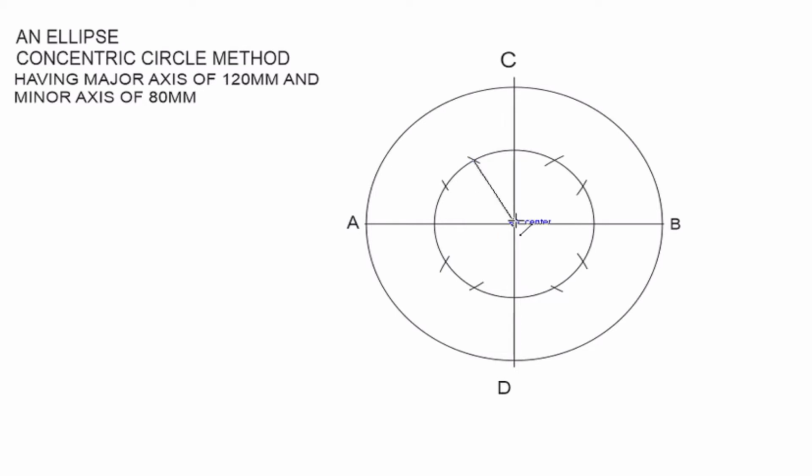Having done that, you have to extend them onto the outer circumference of the circle. We continue with this through all the points that you used to bisect the circumference of the small circle, and you radiate them all onto the outer circumference.